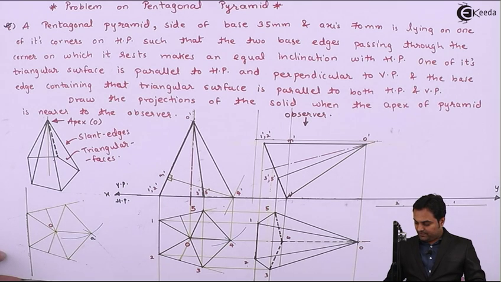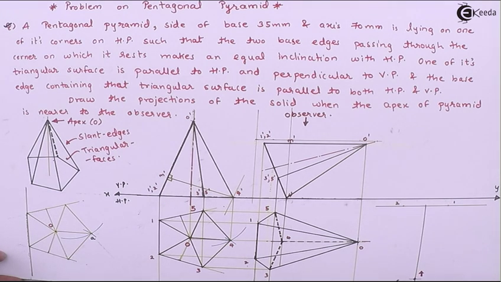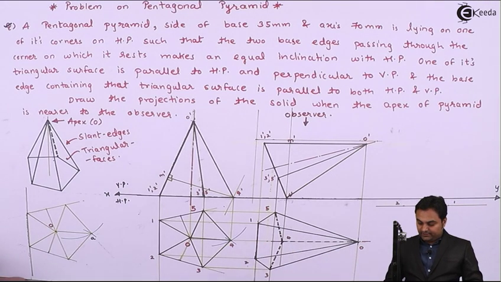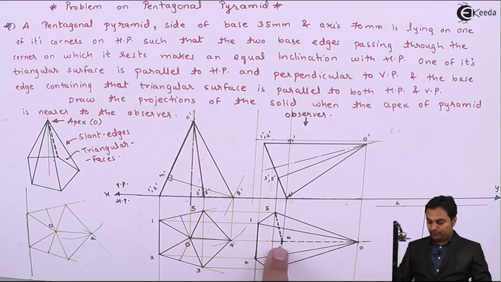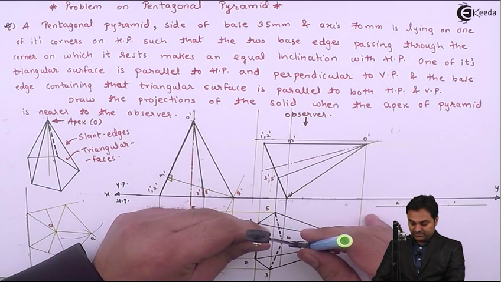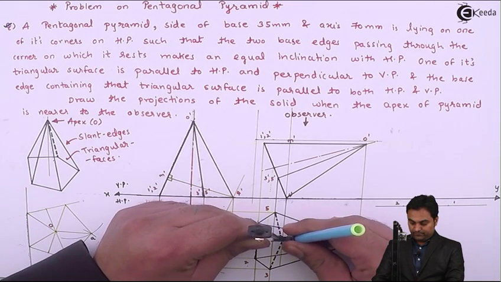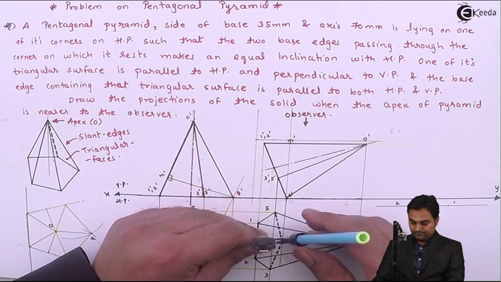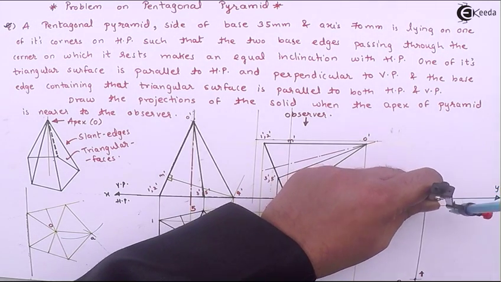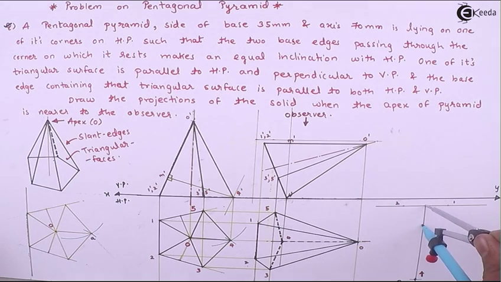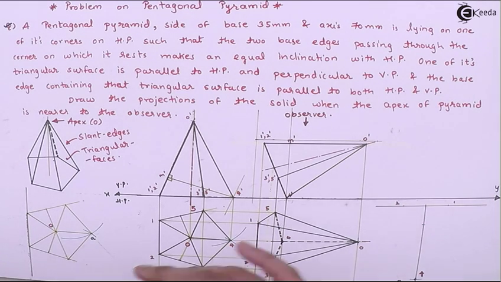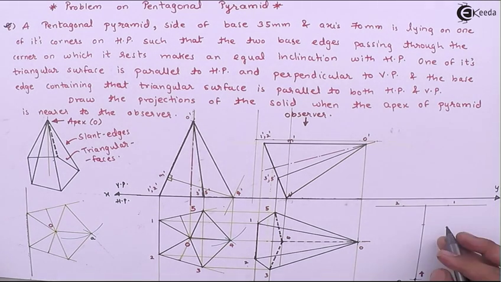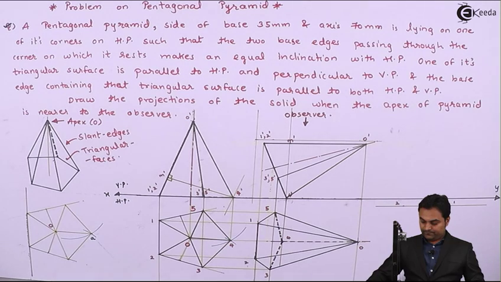So this is giving me apex O. Next, I require the other points, like for example point 4 is there on this line itself, so I'll measure the distance from this edge up to point 4. So here we have point 4.